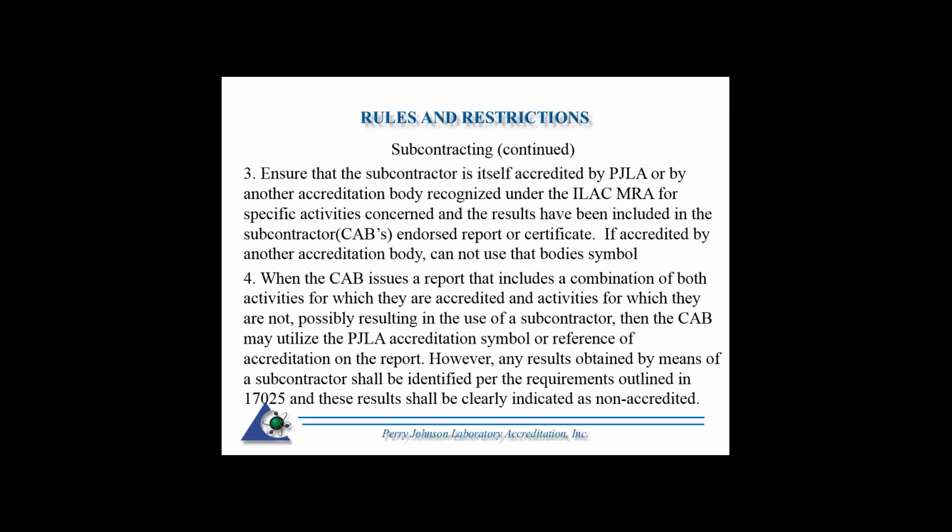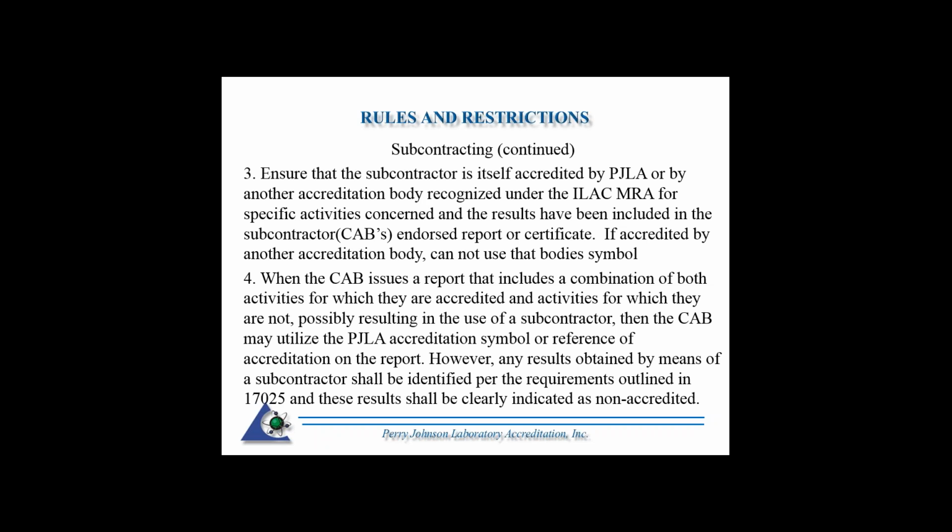Continuing with subcontracting, ensure that the subcontractor itself is accredited by PJLA or another accrediting body recognized under the ILAC MRA for the specific activities concerned, and the results have been included in the subcontractor's CAB-endorsed report or certificate.